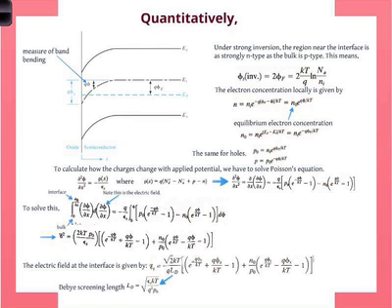Field is what? Voltage divided by distance, or the differential. The gradient is just taking one more. This is one dimensional, so you can just do that. So that's just that. Of course, we know that V is basically proportional to phi, the band bending, so you can just plug that in.